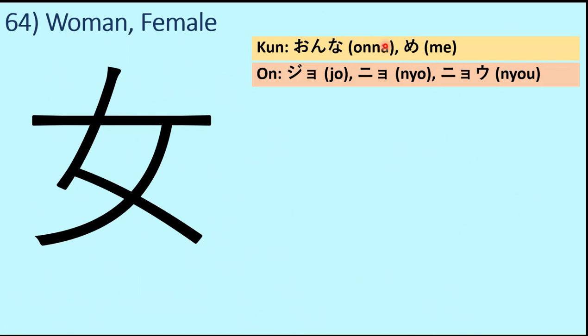The next character for today is woman or female. This is the character. Earlier we have seen for male, which was otoko, and now for female it is onna or me in Kun'yomi, and jo, nyo or nyo in On'yomi. All of these represent a female or a woman.